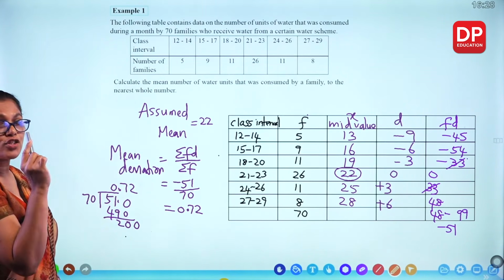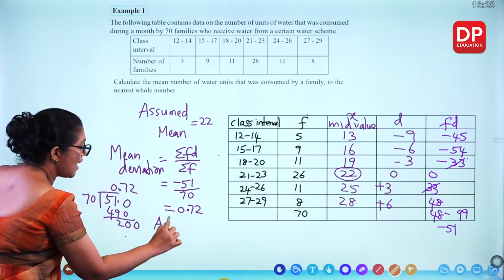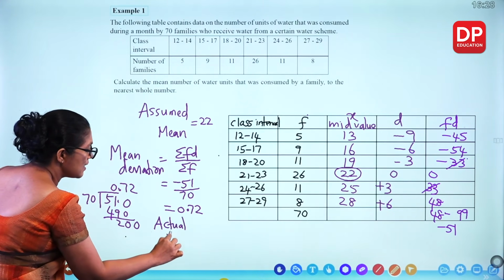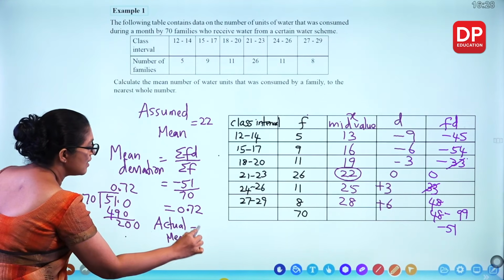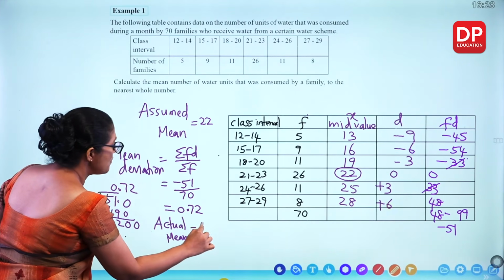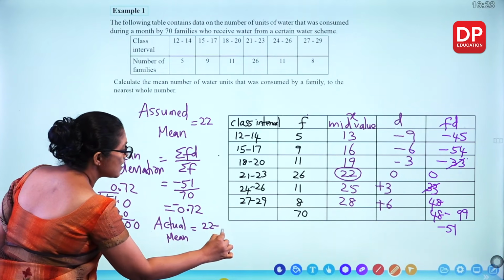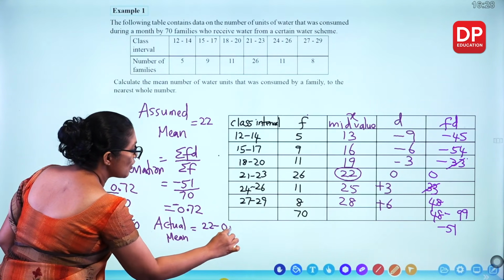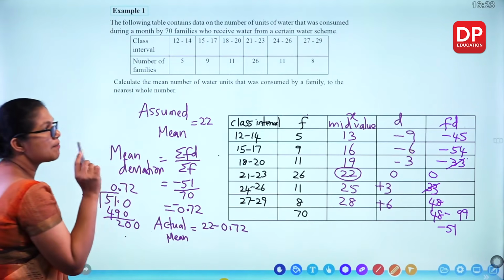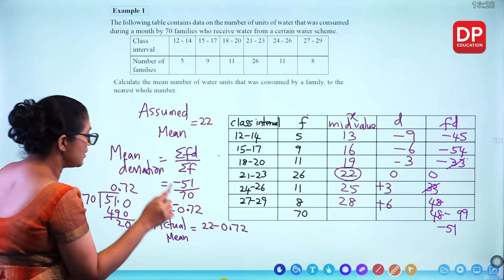So what's the actual mean? Actual mean is assumed mean minus this value, because sigma FD is a negative value.